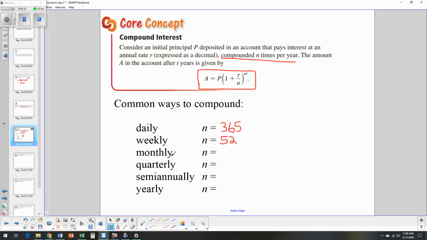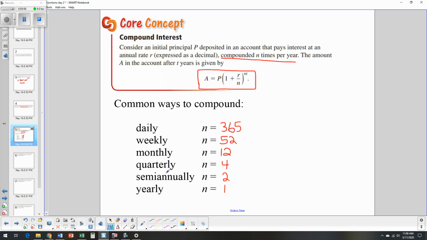Compounded monthly, N would be 12. Compounded quarterly, think of how many quarters are in a whole, and that's 4. Semi-annually generally means twice a year. And yearly, if it's only happening once, is just 1.